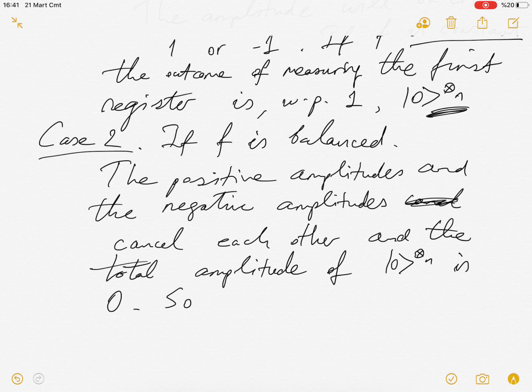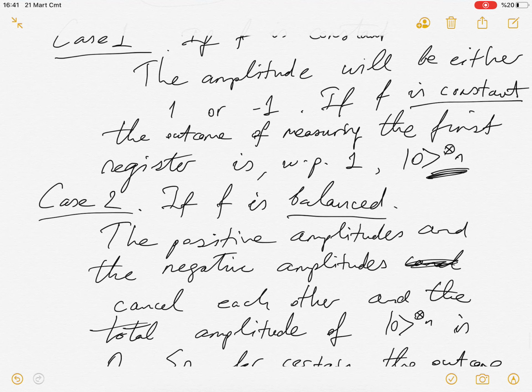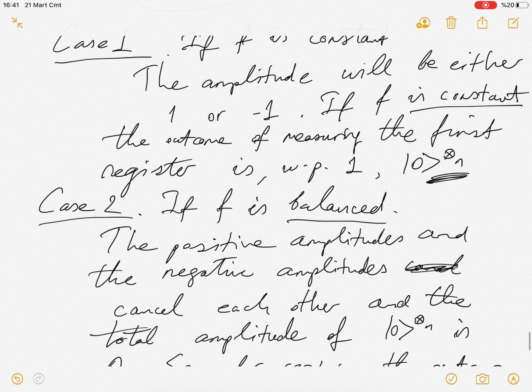So for certain, the outcome will not be all zeros. That means if I measure anything else but all zeros in the first register, then I know for certain that the function is balanced. But if I observe all zeros, then I know for certain that the function is constant.